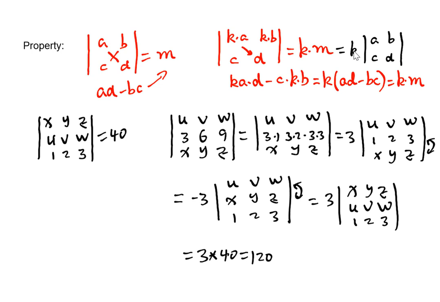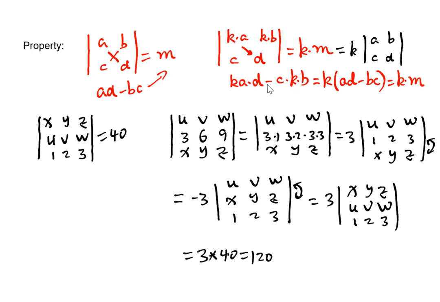That's it. Again, the way to illustrate this: here AD minus BC is M. Here you do Ka times D, subtract C times Kb.